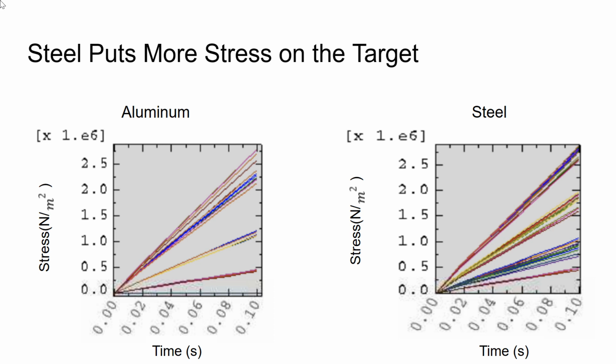And it's also putting more stress on the target overall, as seen in there's a lot more lines and a lot thicker areas than aluminum has. But both metals are causing the least amount of stress toward the bottom of the target, as we can see here.